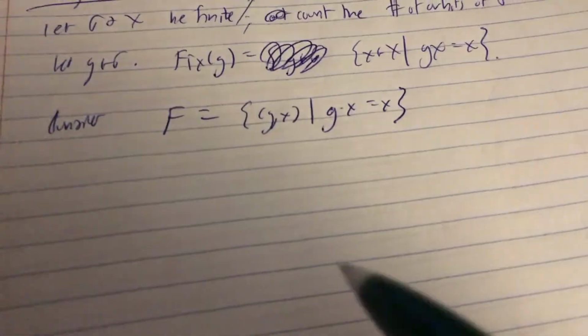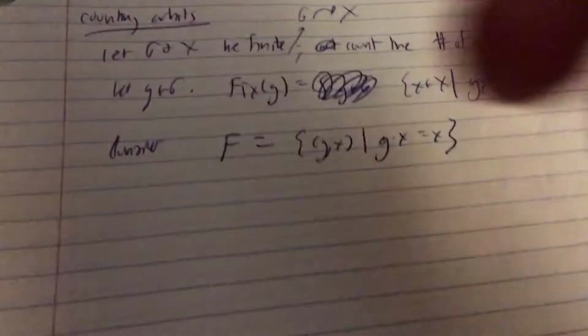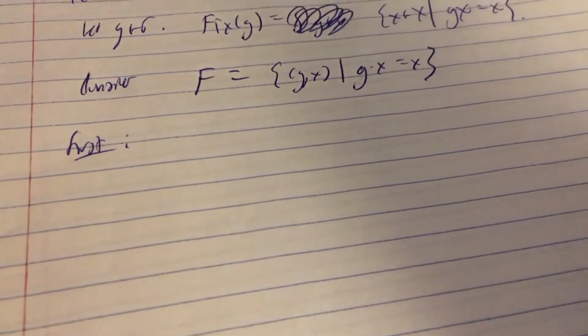Observation number 1. F is the union of all of these different sets fixed g.